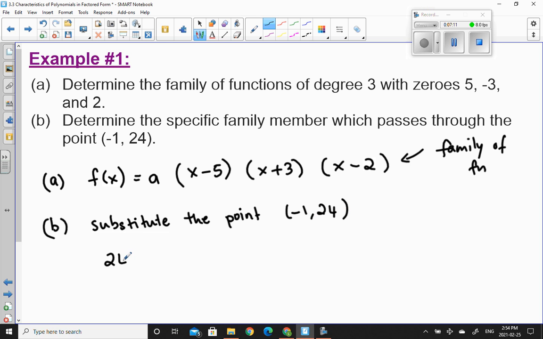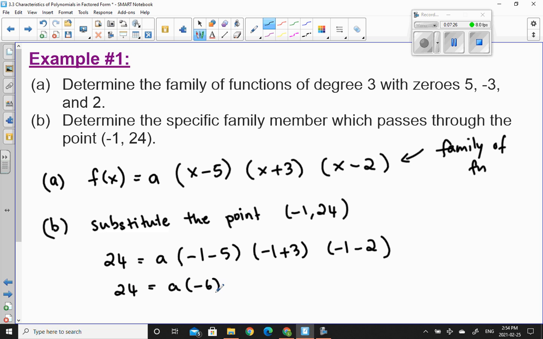So 24 equals a times -1 minus 5, -1 plus 3, -1 minus 2, and work that out to solve for a. So 24 equals a times -6 times 2 times -3. 24 equals 6 2s are 12, 3s are 36a.